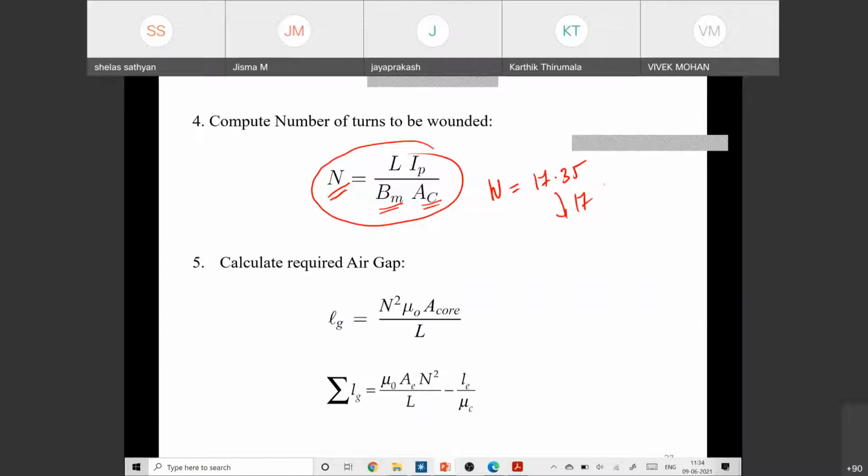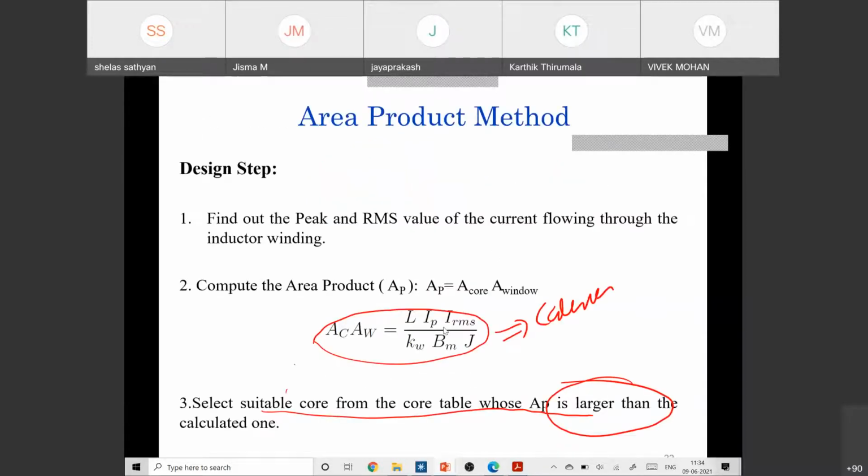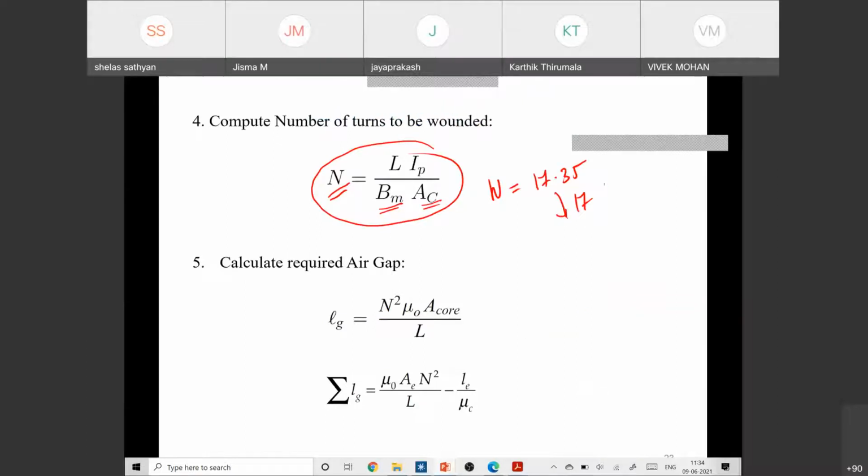Based on that, we find the area product. Then we look into the core magnetic table, find a suitable core, note down its core cross-sectional area and find the number of turns required. Once you know the number of turns, what we now require is to find out what the air gap should be.